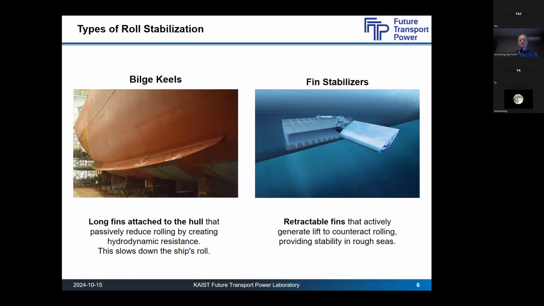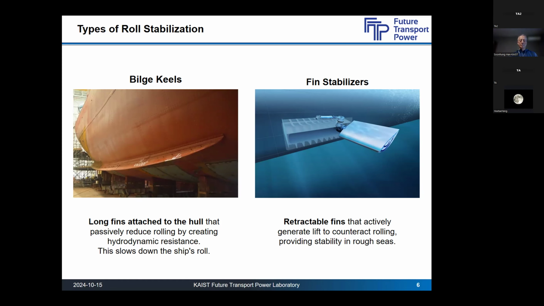So next are the types of stabilization. The first one is the bilge keels. The bilge keels are long fins attached to the hull, at the bottom and the side of the ship, and they passively reduce the rolling of the ship by creating hydrodynamic resistance. It also slows down the ship's rolling.